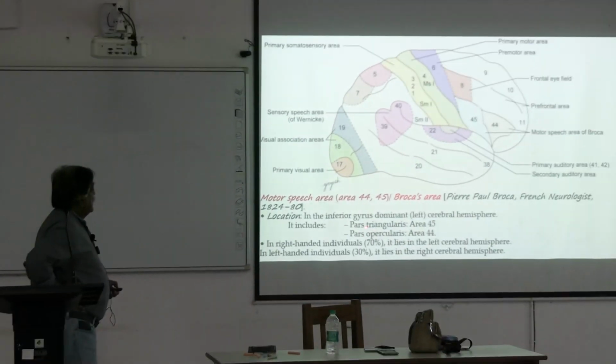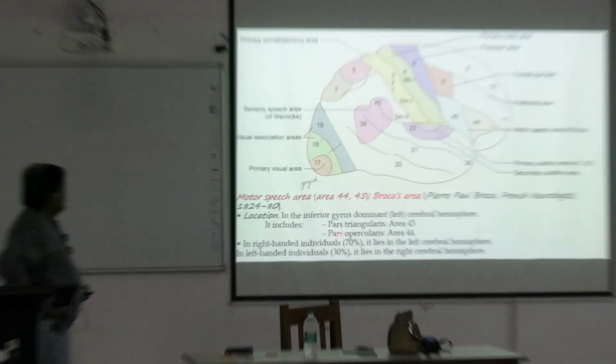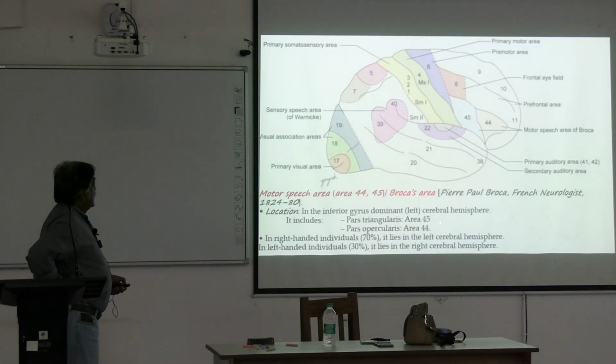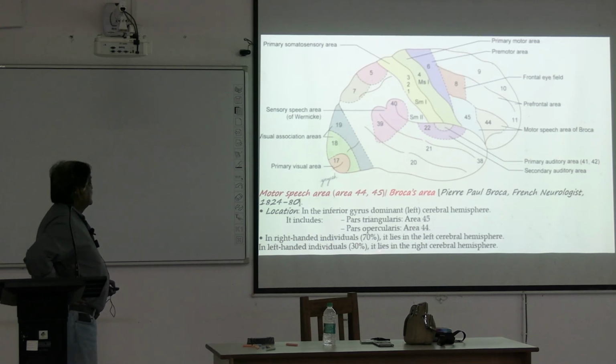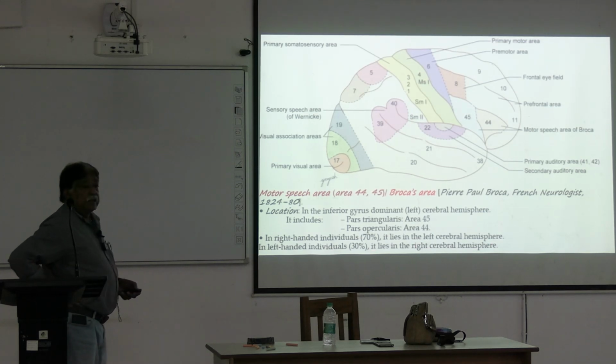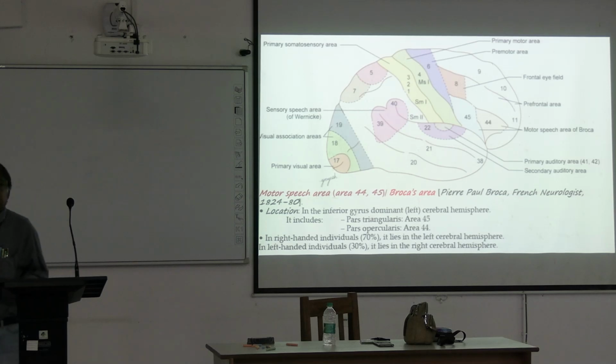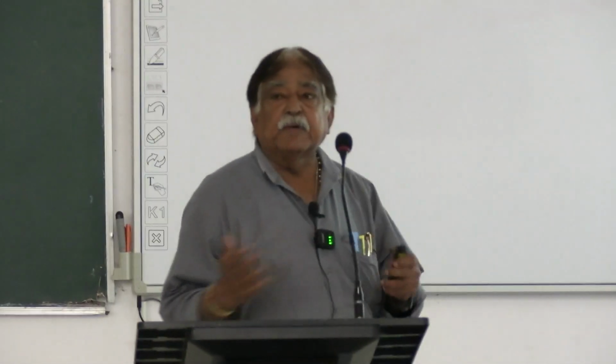Location: inferior frontal gyrus of the dominant left cerebral hemisphere, includes pars triangularis area 45, pars opercularis area 44. In right-handed individuals, 70% it lies on the left cerebral hemisphere. In left-handed individuals, 30% it lies in the right cerebral hemisphere.